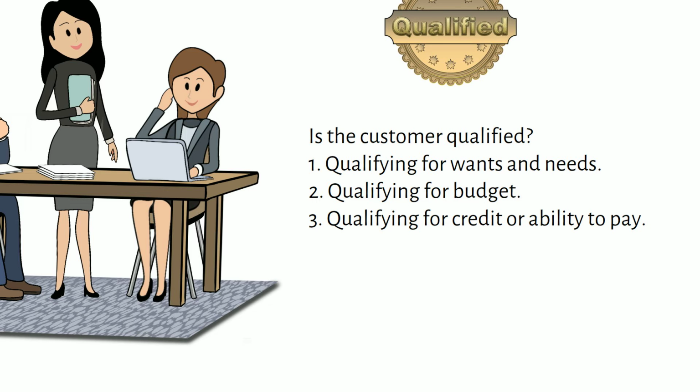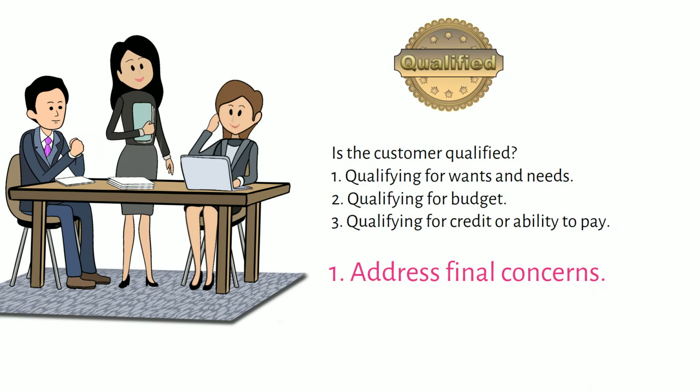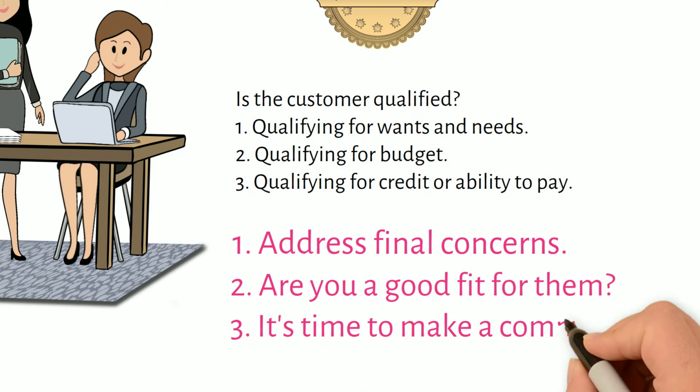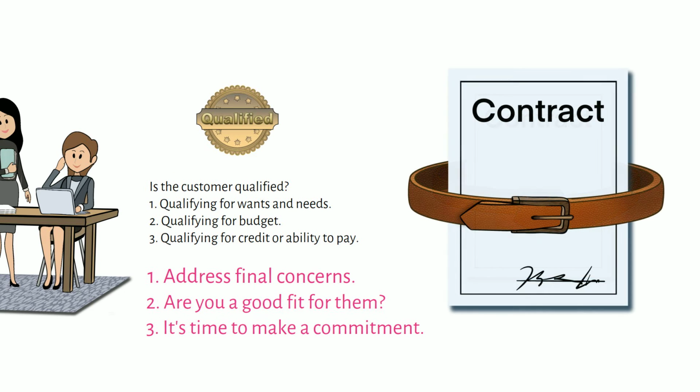Then, addressing final objections to buy from you and negotiating the final details. At this stage, the customer is unbound and needs to get enough information for them to make a commitment to your business. The main objective of this stage of the sales funnel is to determine trust and credibility on both sides of the table. The courtship stage is over. Now it's time to make a commitment to each other or go home.